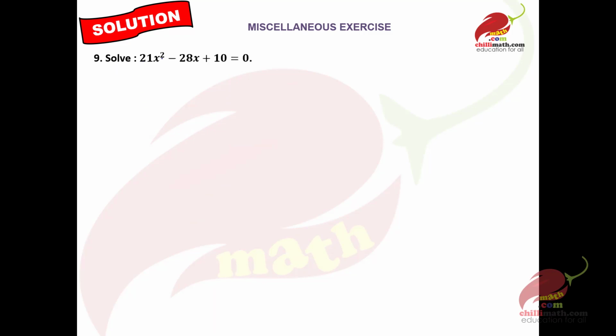Ninth question is solve 21x square minus 28x plus 10 equal to 0, which is a quadratic equation. So comparing with the standard quadratic equation, we get a is equal to 21, b is equal to minus 28 and c is equal to 10.